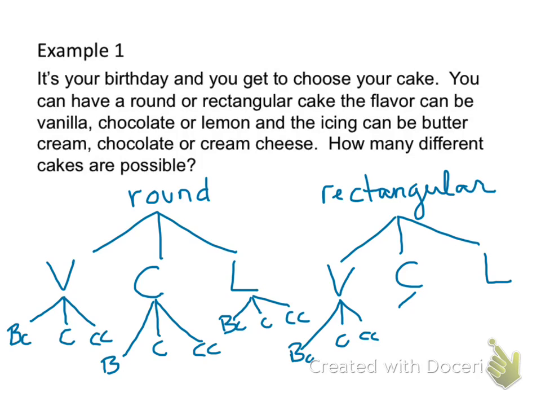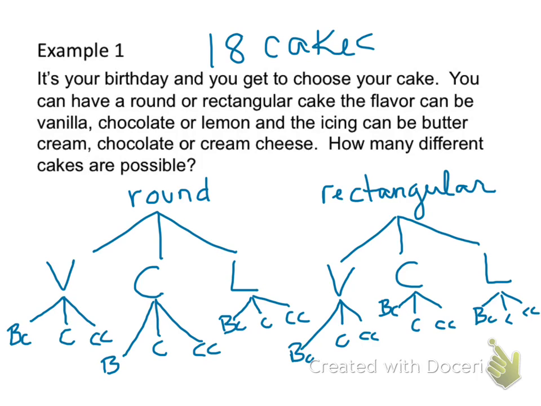And then if we count the very last branches, we can get our total. So we have 3, 6, 9, and then 3, 6, 9. So we have a total of 18 cakes, or possible ways to choose our cake.